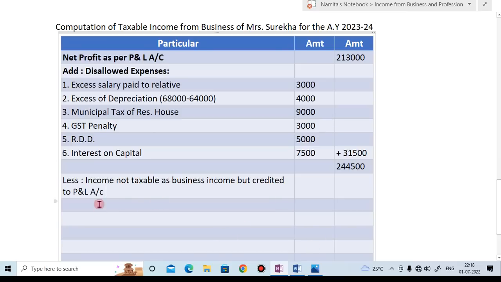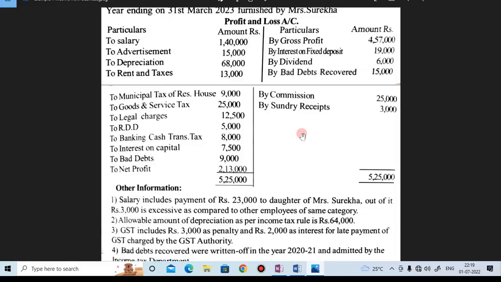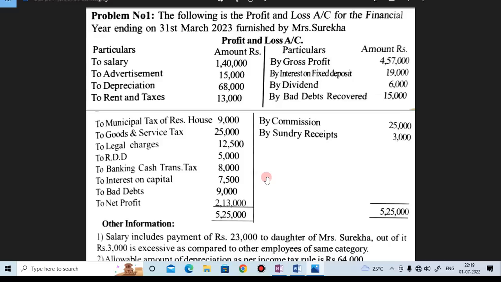You will find this income in the question on the credit side. So check the credit side entries. Which income is not taxable as business income but is still credited in the P&L account?